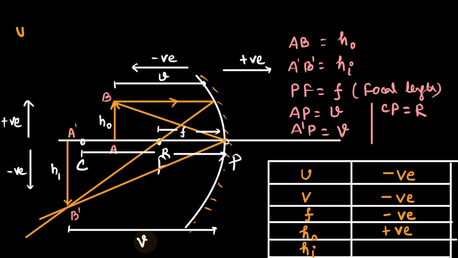So it is considered as negative. And the R. R is the radius of curvature. That is again on the left side of the pole. So that's why it is considered as negative.